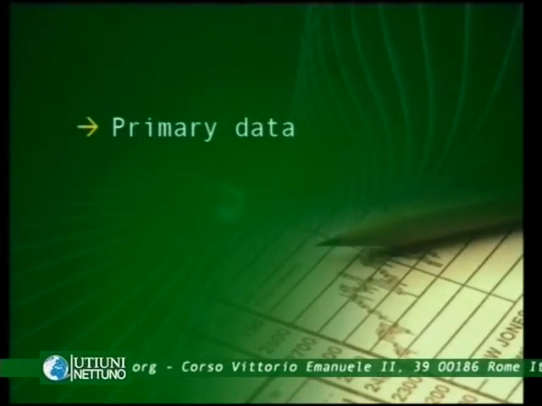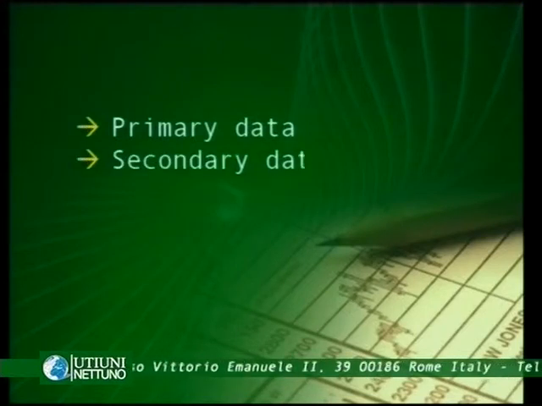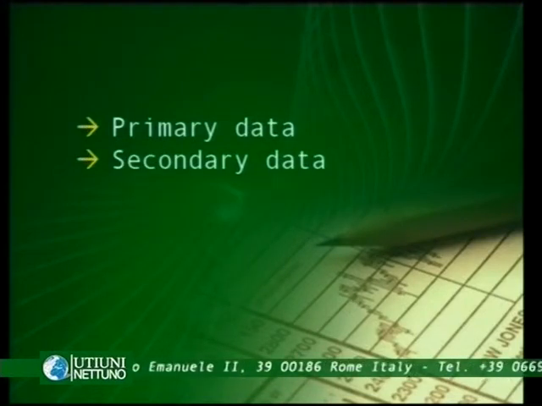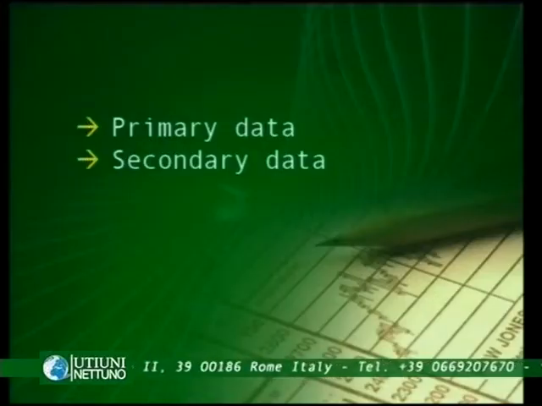In a more specific way, primary data are related to primary sources, secondary data are related to secondary sources, meaning that either we refer to, as we will see, the so-called gray sources or other elaboration of primary data.